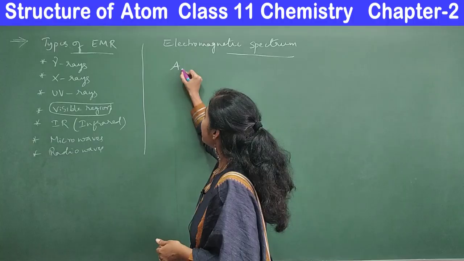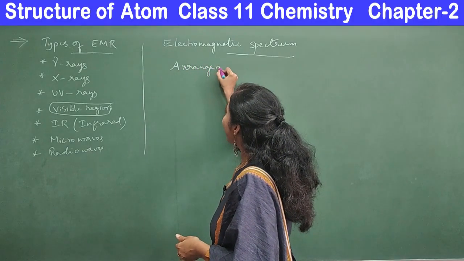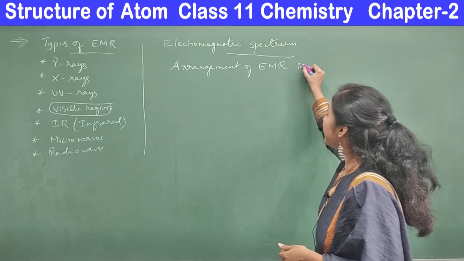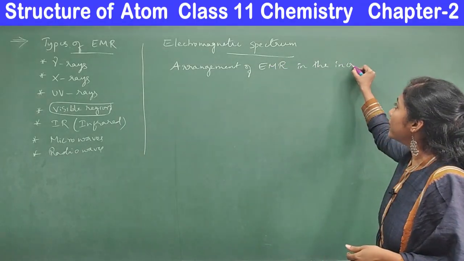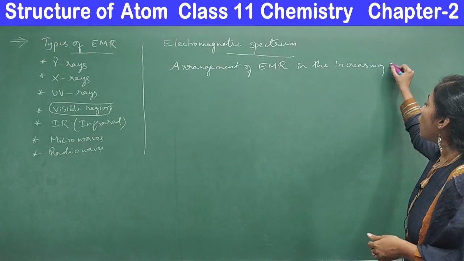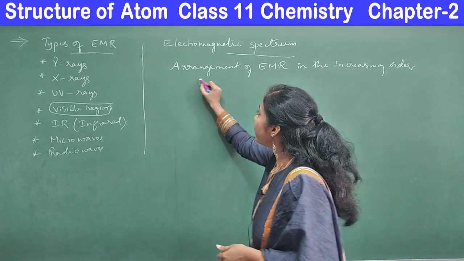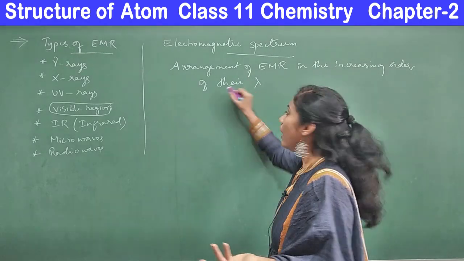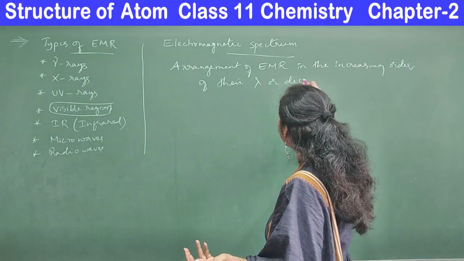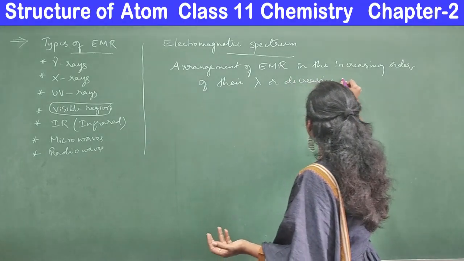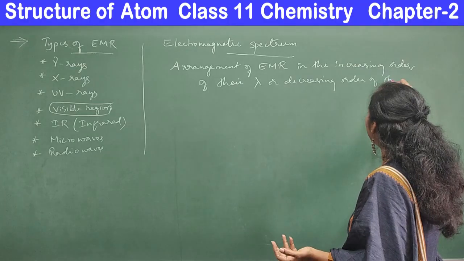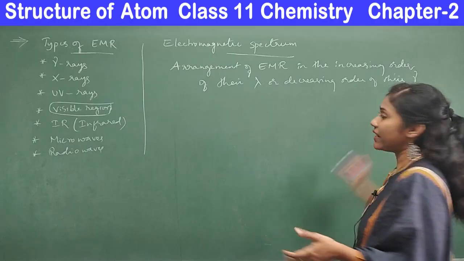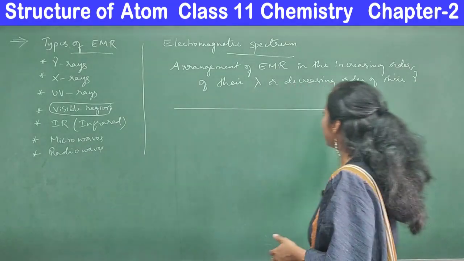It's nothing but an arrangement of electromagnetic radiation in the increasing order of their wavelength, let me just write it as lambda, or decreasing order of their frequency, right? If lambda increases, frequency decreases. So just try to understand.